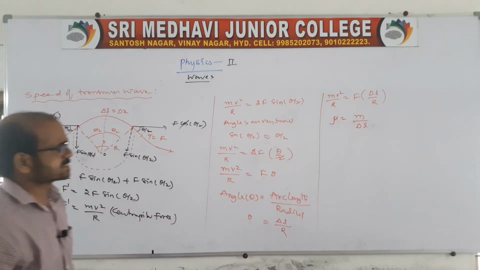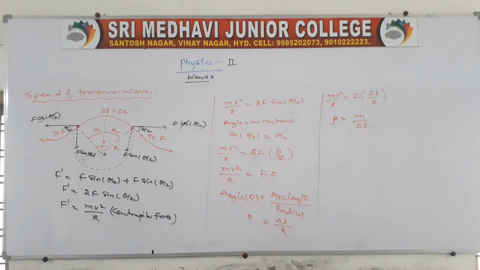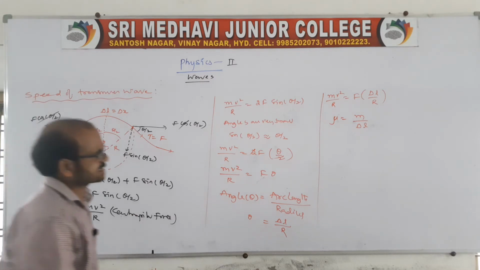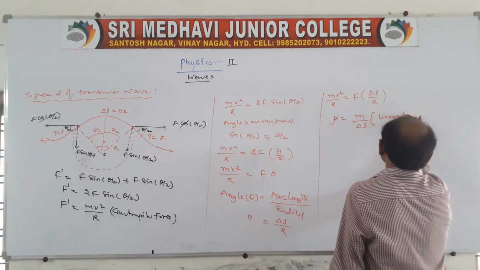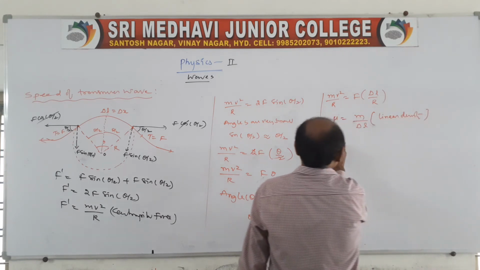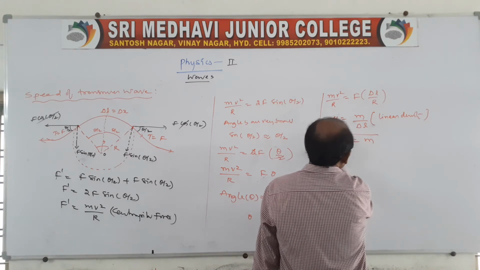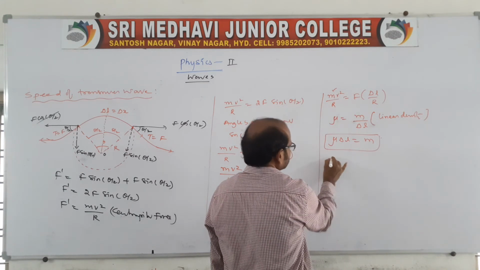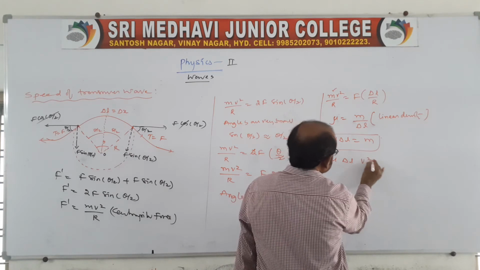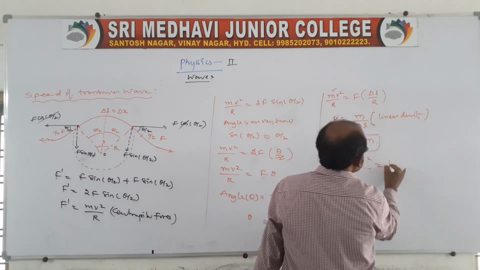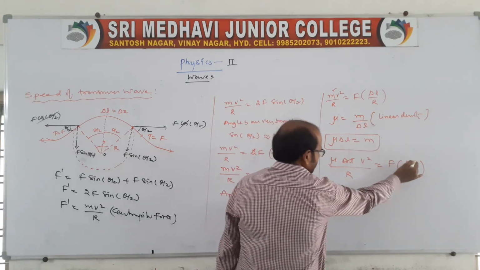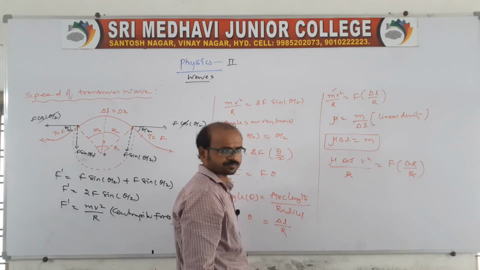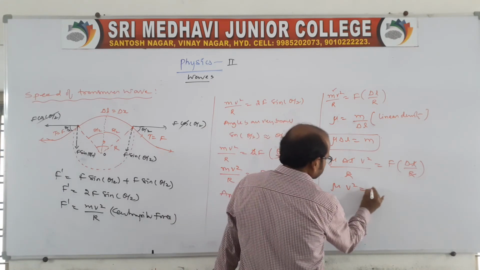Therefore m is equal to mu delta L. Now substitute here: mu into delta L v square by r is equal to f into delta L by r. Now in the expression, delta L and r cancel. So mu v square is equal to f.